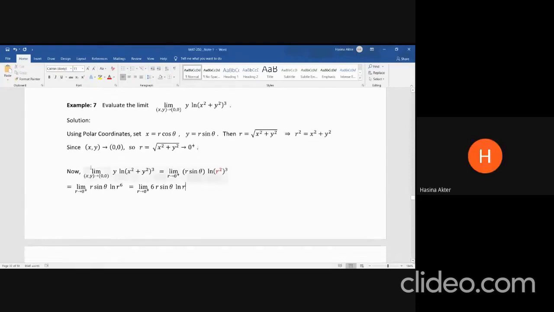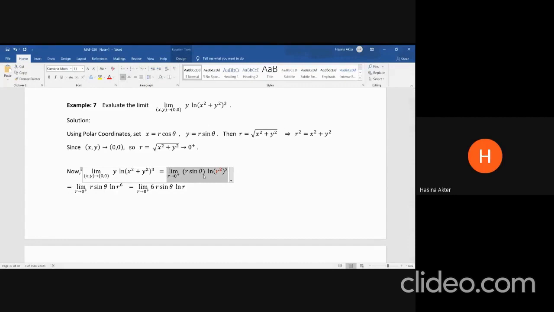Now let's substitute this. Now we have a single variable, r, that we need to control. Y is r sine theta, and x squared plus y squared is r squared. So now we are ready. Since we set theta as a free variable, we are just focusing on the function of r, a single variable.